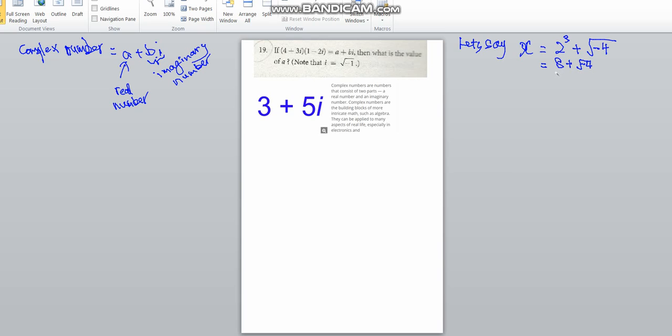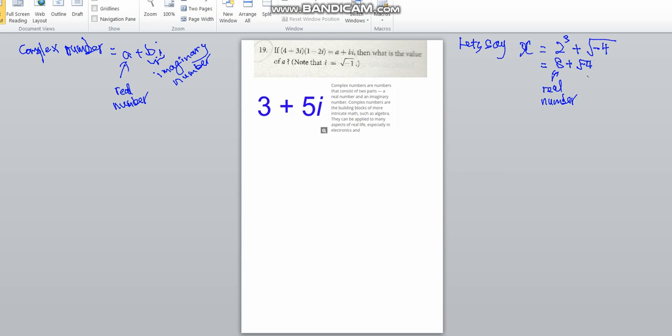So this one is considered the real value or real number. The answer, this is the real number. I mean, this part of the x is called the real number.